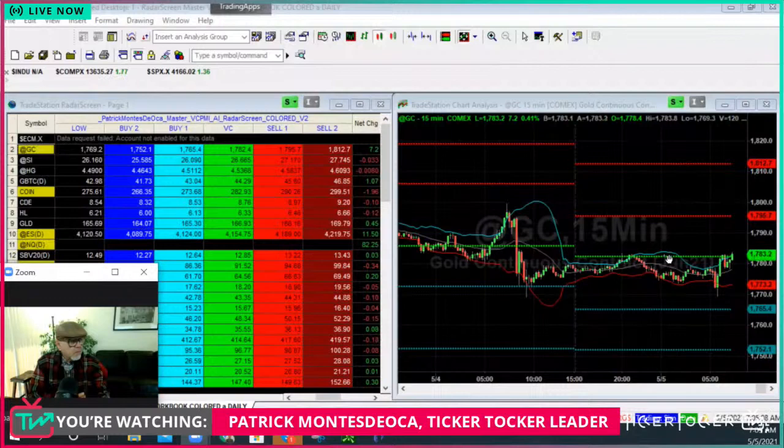Now, this may look very simplistic in its nature, but it has built in a tremendous amount of intelligence. And what I'm doing here is I'm reverse engineering the process for the benefit of you self-directed traders that want to learn something different, maybe, than what you've been used to and it's not working.